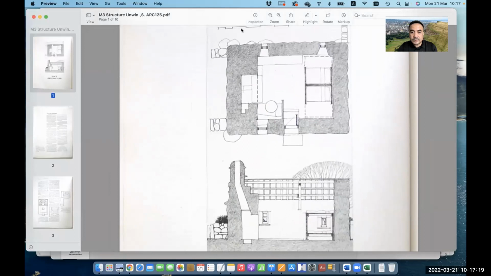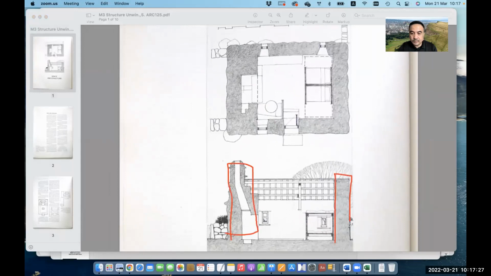What kind of structure do we have here? We have this thick wall, and the roof is in a frame structure. So what do they provide? They provide this space, one single room for living.